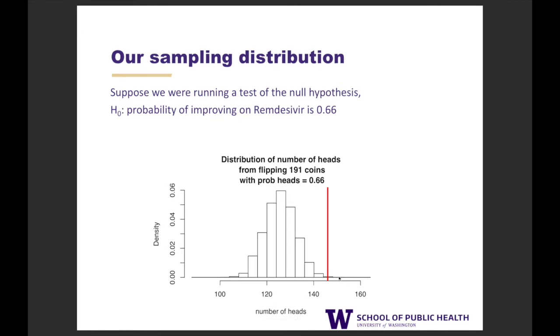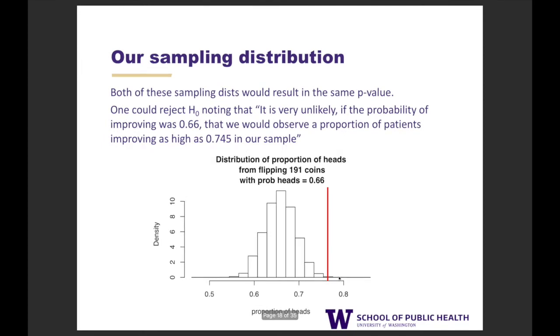Here, our null hypothesis would be the probability of improving on remdesivir is 0.66, or pi, if we're calling that pi, is 0.66. If we ran a hypothesis test of this null against either a one-sided or two-sided alternative, our conclusions from both would be the same.